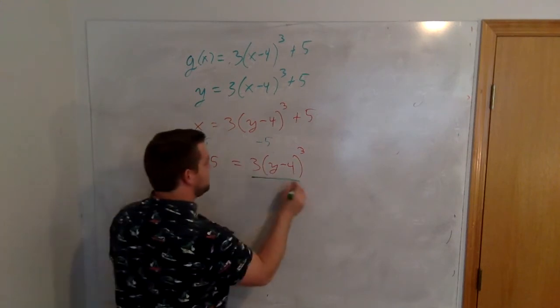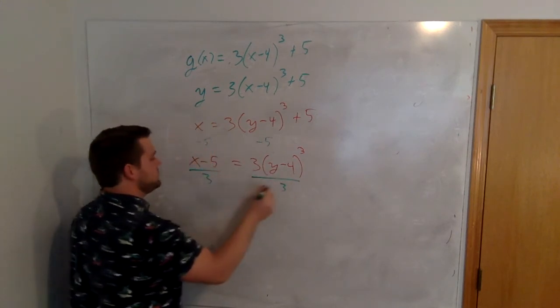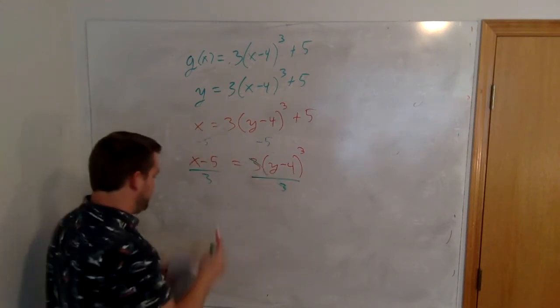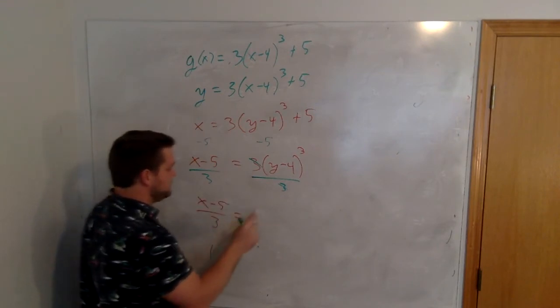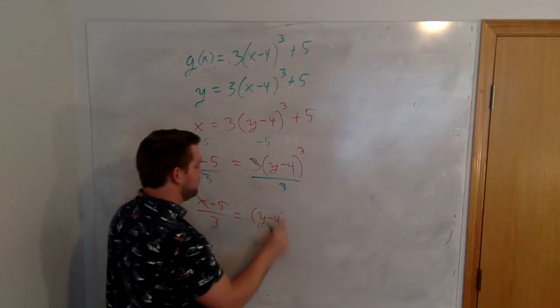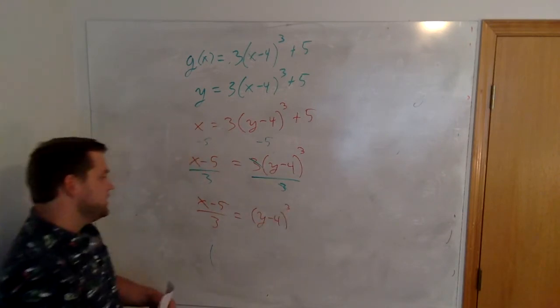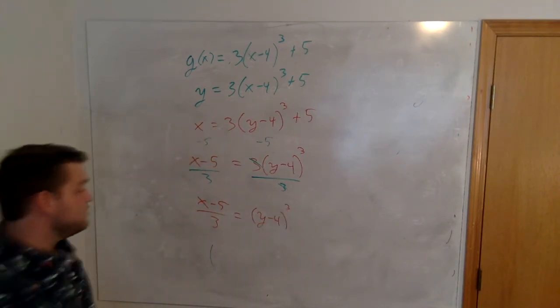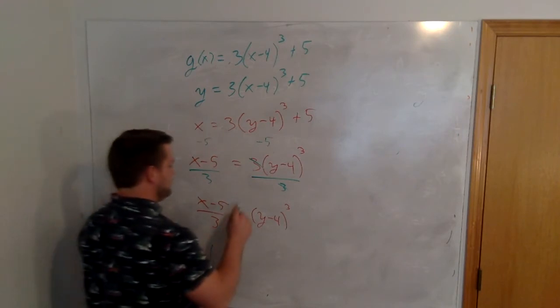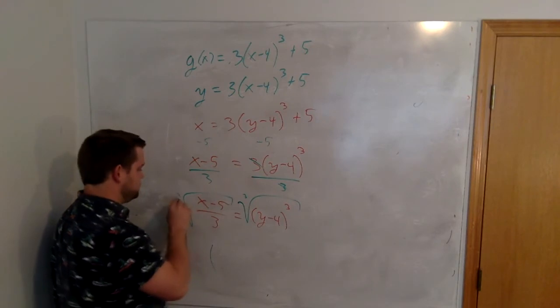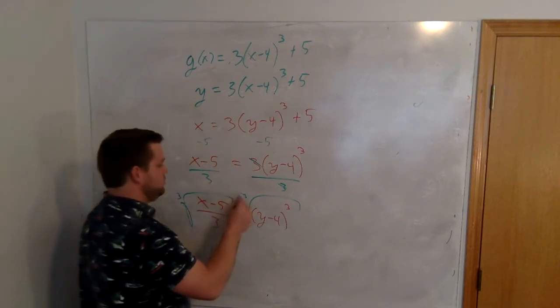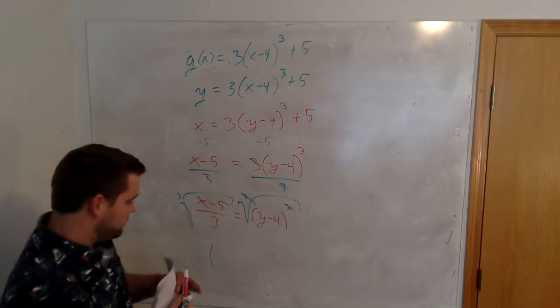We could then divide both sides by 3. These would cancel. So we'll get that (x minus 5) all over 3 is equal to (y minus 4) cubed. Now I need to undo a cube. To undo a cube, we cube root. Okay, so the cube root and the cube cancel each other out.